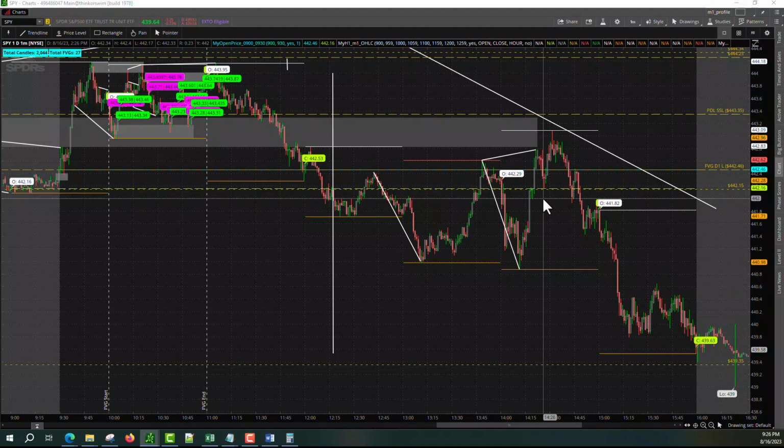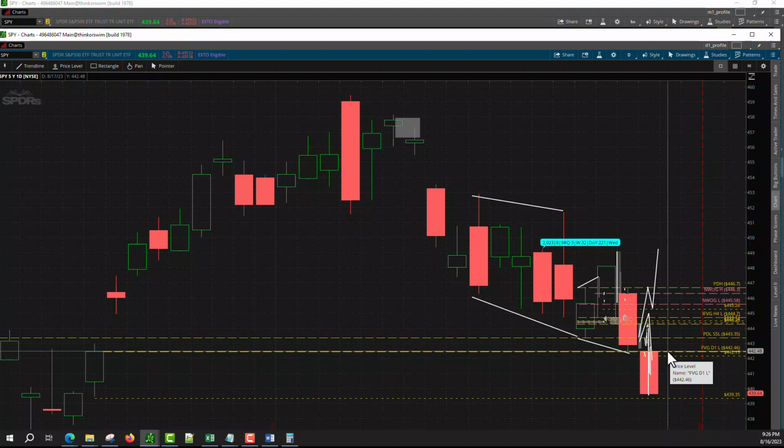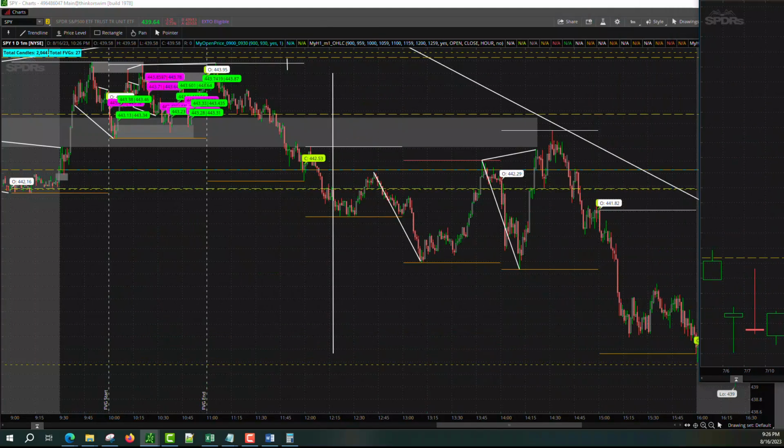Okay, right here. So basically, you see the fair value gap right here, high and low. That's what we're going to put right here, low. Yep, right there. So as soon as it closes below that, or it goes and retests that level, it comes down, and it goes back to retest the level, then you can short it right there.